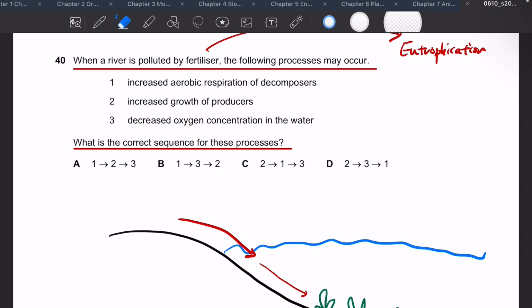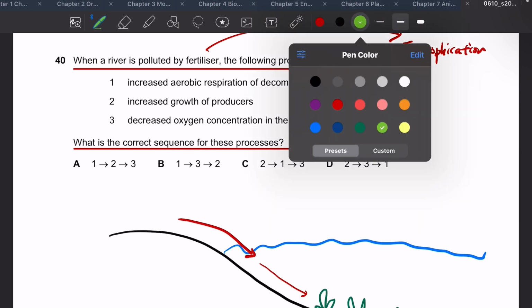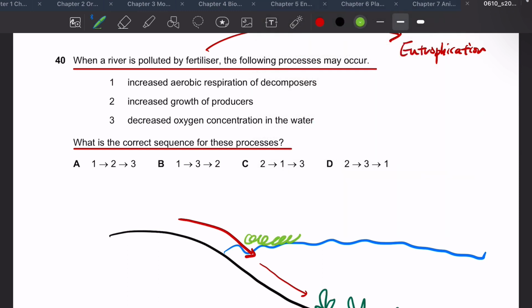However, aquatic plants underneath the water are not the only ones that will be happy about this. There are other plants like algae that will consume these fertilizers and grow more.